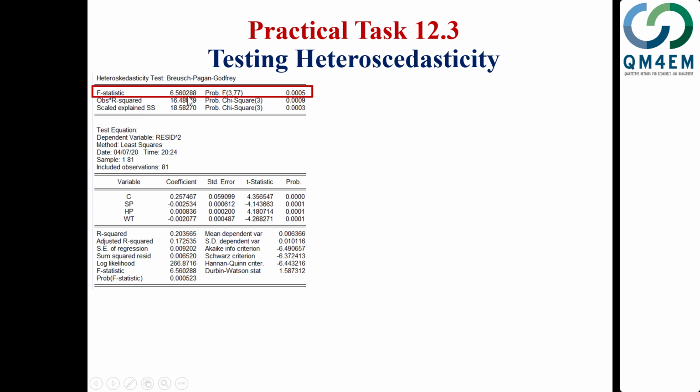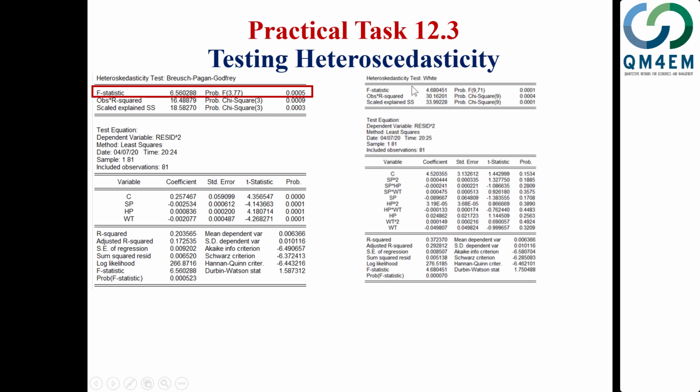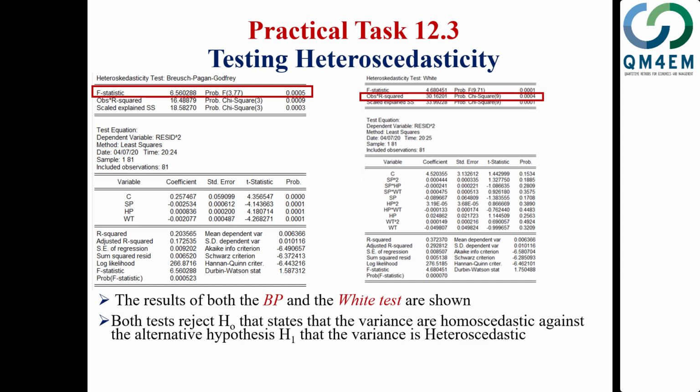Again, it's statistically significant, and it's rejecting H0, and H0 was that the variance is homoscedastic. And if we see the White test and its result, it follows the chi-square distribution, with R-square following the chi-square distribution. It's also showing statistically significant results, and again H0 is rejected, which says that the variances are not homoscedastic.